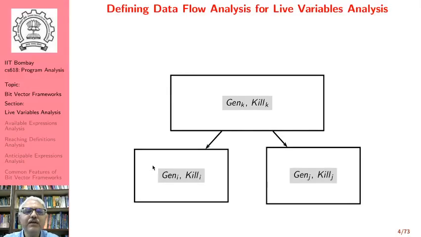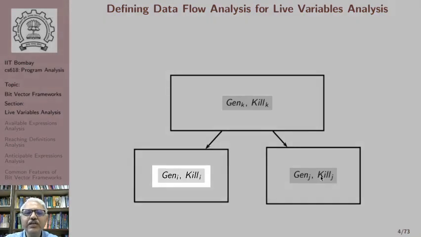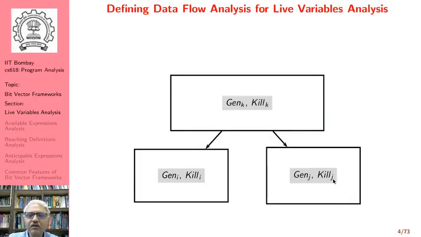In a similar manner, we define gen I, kill I, and we also define gen j and kill j. Having defined these, now we can talk about our data flow properties.